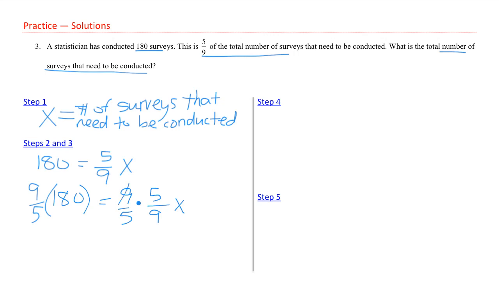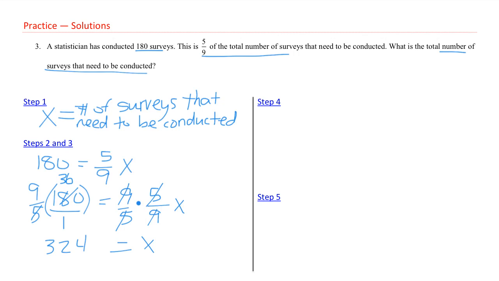And of course, on the right side, the letter x is left isolated. On the left side, we can reduce 5 and 180, and that's going to give us 36. And 9 times 36 gives us 324. So our solution is 324.